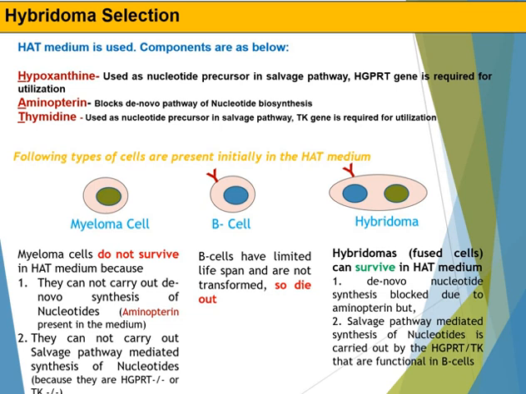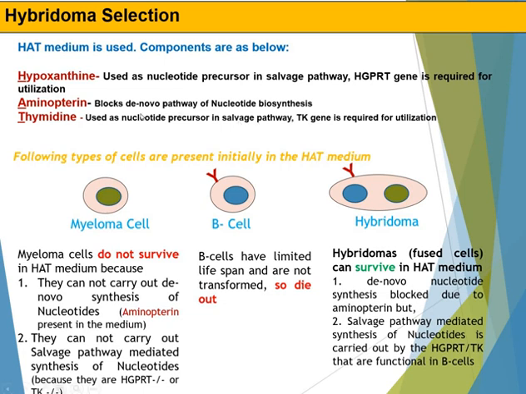So it should depend on precursor molecules to synthesize nucleotides by using the salvage pathway. Of course, the precursor molecule, hypoxanthine, is there in the HAT medium, so there should not be a problem, but the problem lies inside the myeloma cell, because they are HGPRT negative. Their HGPRT gene is mutated, either the HGPRT gene or the TK gene, the thymidine kinase gene.